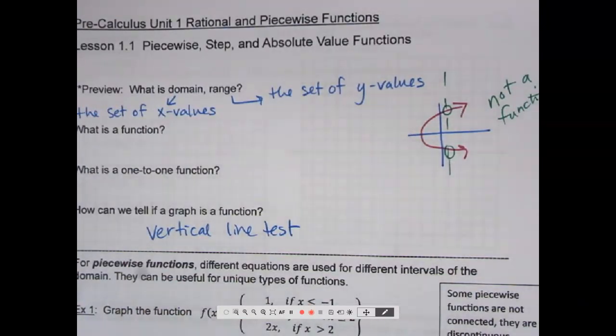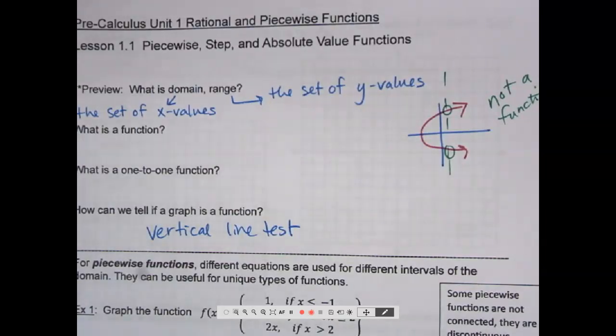So what is a function? What made this not a function? Two values of X were the same, and they had different Y's. So what is a function? She said a line, and let me say it could be a line, except a vertical line.